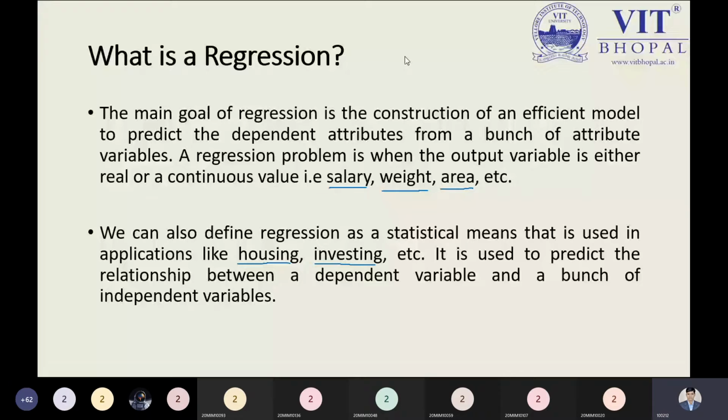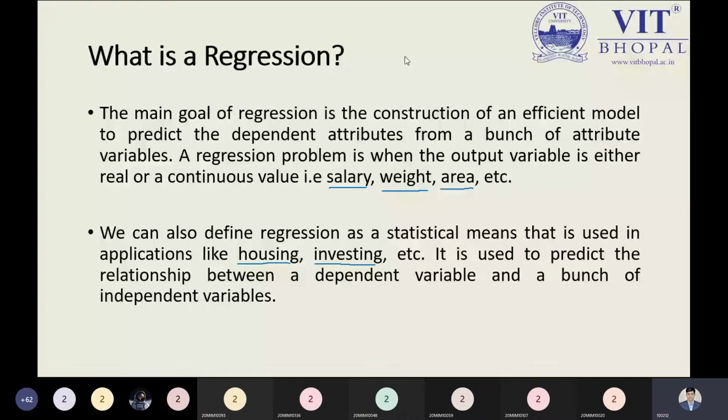So height is an attribute that depends on age. Age would be our independent variable, and height is our dependent variable. That is the point. Height depends on age. This is the independent variable and the dependent variable.